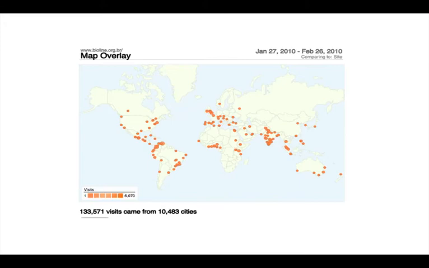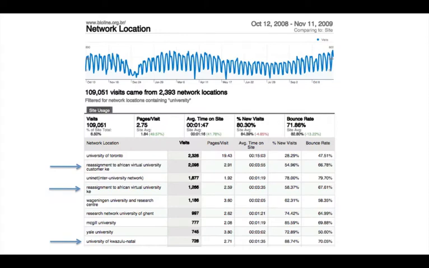And when we looked at the cities that many of the users are coming from, many of them are in fact in the developing world. So it shows a very interesting pattern of demand. When we look at the network location, we also notice that there are some interesting indications of usage from African institutions. Particularly interesting is the African Virtual University Network that has been accessing the articles in the database.